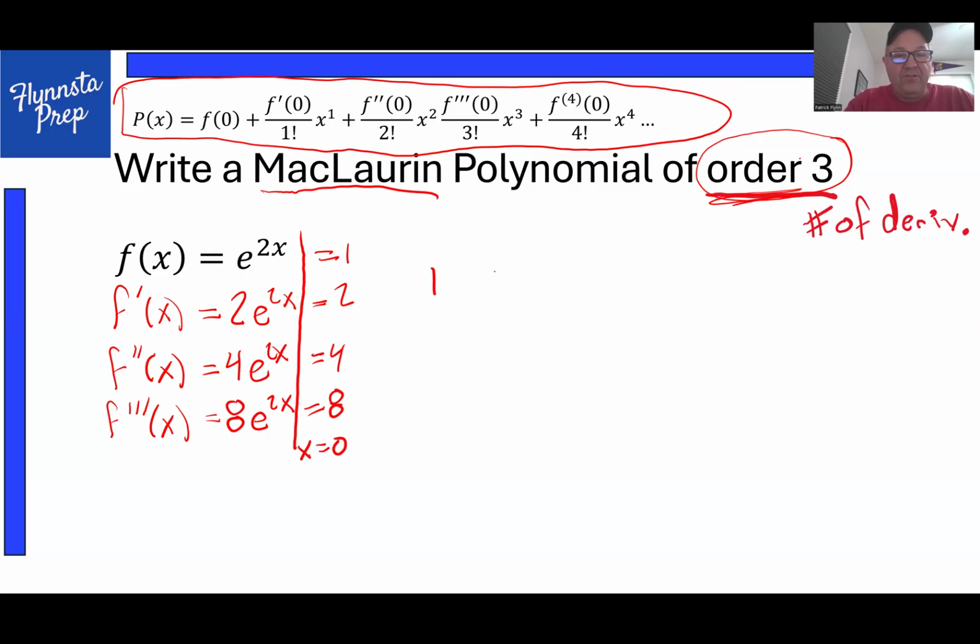So f of 0 is 1 plus the derivative over 1 factorial times x to the first plus the next derivative value over 2 factorial x to the second plus 8 over 3 factorial x to the third.